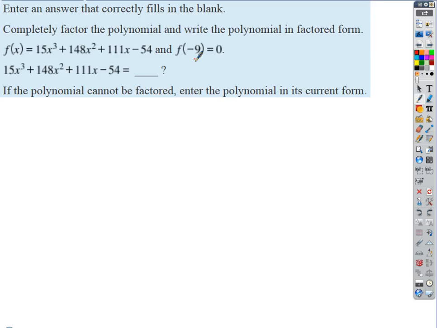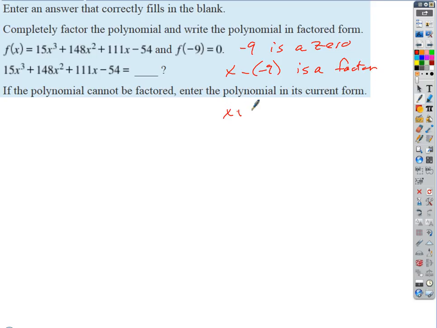How could we turn this equation right here, f of -9 equals 0, into a factor? x plus 9, right? So this is saying that -9 is a 0, therefore x minus -9 is a factor.